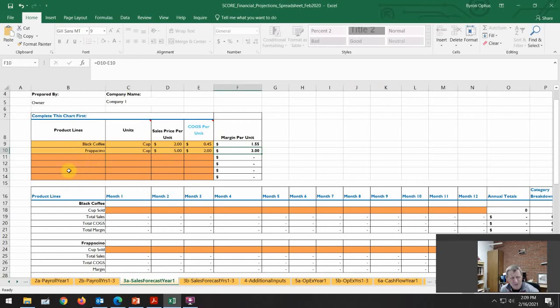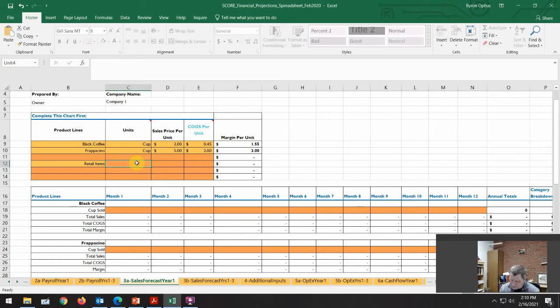Then, like I said, I might have cups and different things like that, so I might just call those retail items. What's the units? Well, in this case, I don't know, because it could be all kinds of different things that I might sell, right? T-shirts, baseball hats, whatever the case may be.